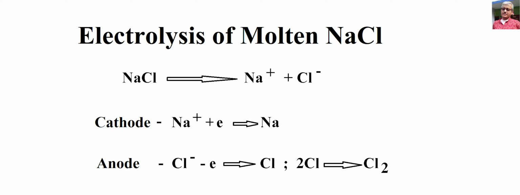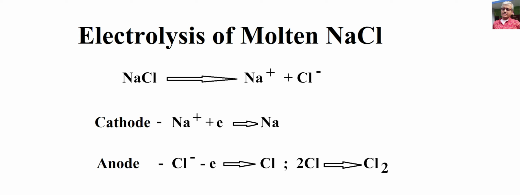Here the cation, sodium ion, moves towards cathode and takes one electron from there to neutralize. Thus, metallic sodium is the result at cathode. Again, the anion, chloride ion, moves towards anode and removes its charge there to produce a chlorine atom.